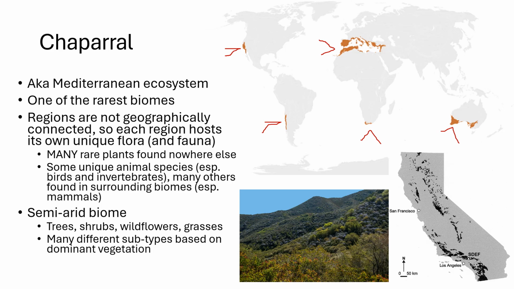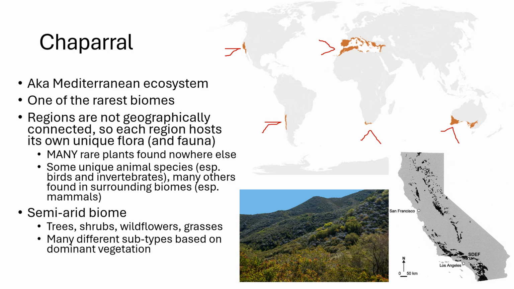So for example, in California, you have a lot of plants that are adapted to and endemic, meaning not found anywhere else, but they're endemic to the chaparral and they don't occur in the nearby grasslands or forests. Even within a specific region, the chaparral can occur in pockets that can be relatively isolated from one another.